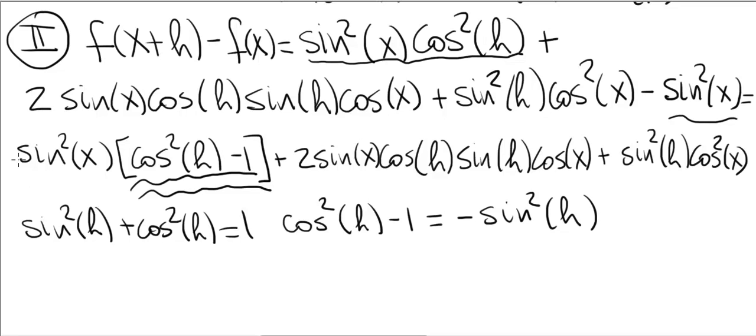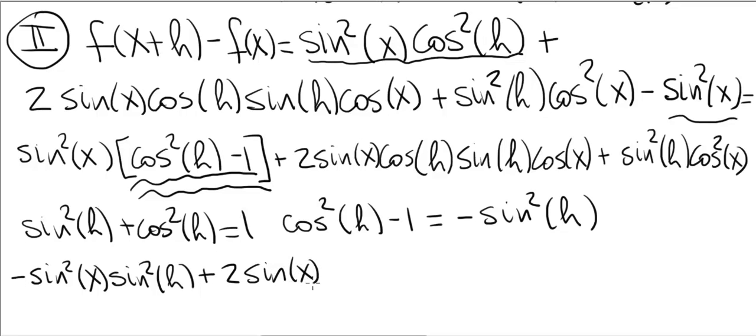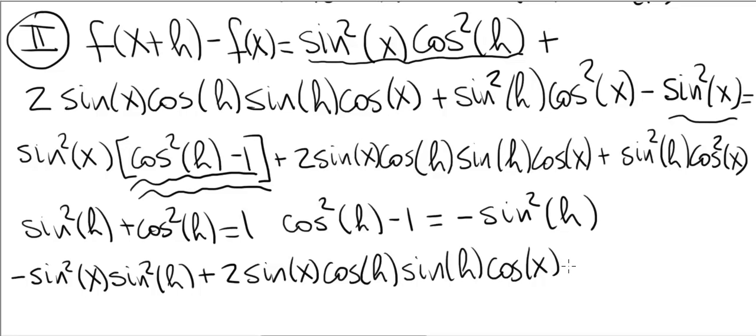The final result at the end of step 2 would be minus sine squared of x times sine squared of h, plus twice sine of x times cosine of h times sine of h times cosine of x, plus sine squared of h times cosine squared of x.